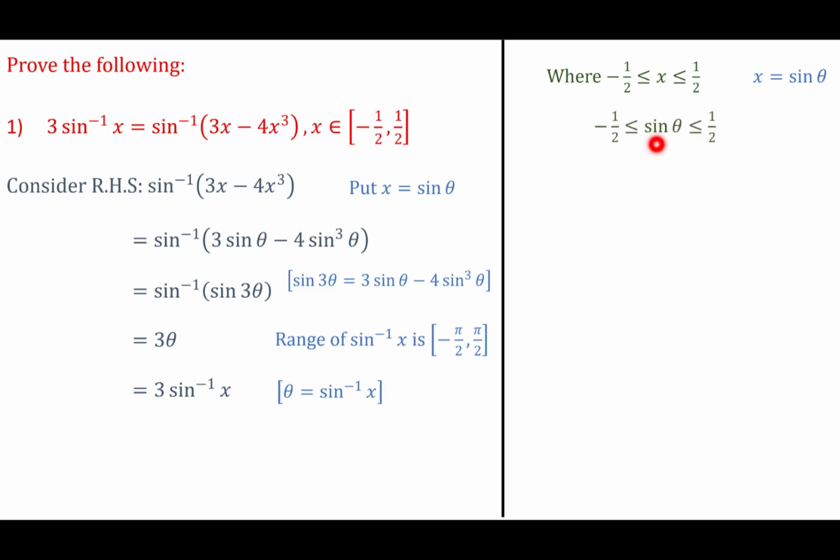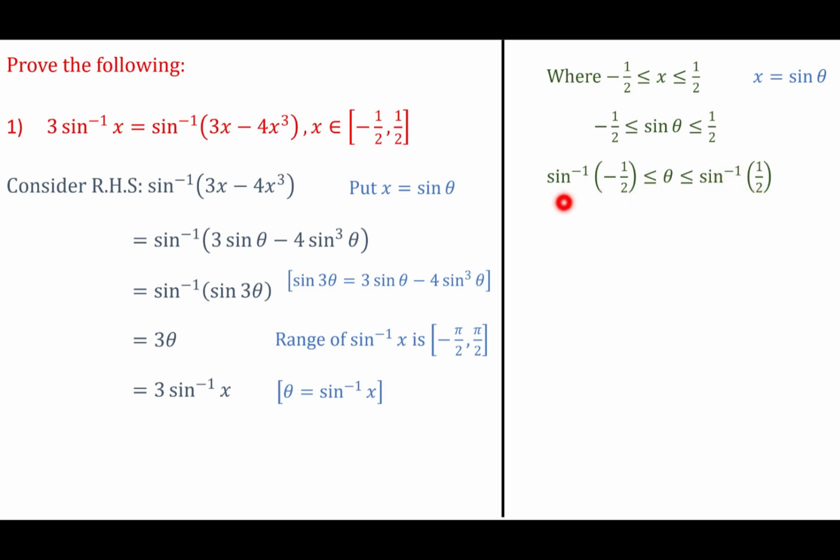Now, I don't want sine, so I will apply sine inverse throughout the inequality. Check here, sine inverse of sine theta is nothing but theta only. Then we have sine inverse of negative half and sine inverse of half.